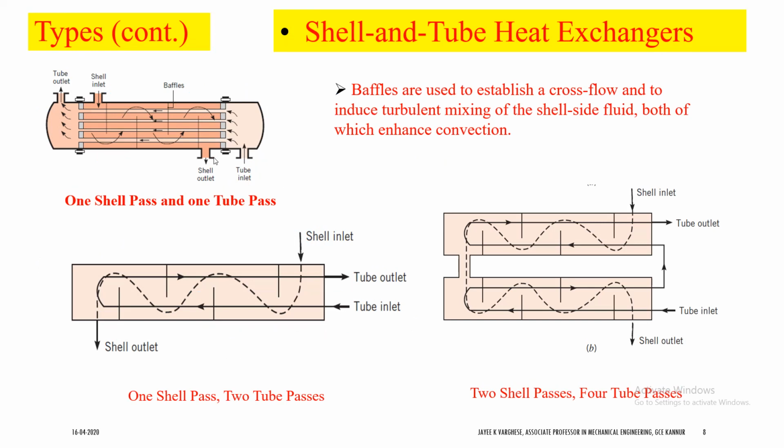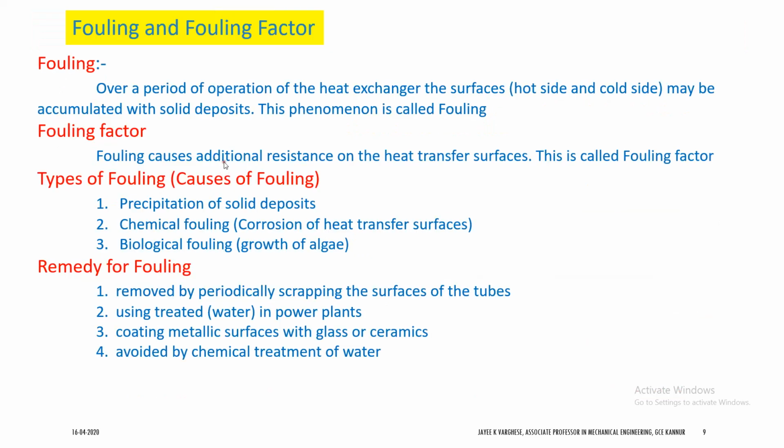Now along with this, I think we can also have two more points: fouling and fouling factor. So what is fouling? Basically, a heat exchanger will be working continuously over a period of time, maybe months together, because in many cases a heat exchanger will be used either in a steam turbine power plant or in process industries.